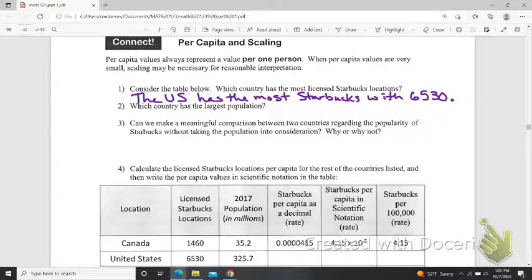And which of the countries listed, Canada, United States, China, United Kingdom, or South Korea, has the largest population? This is from 2017. Okay, so the 2017 population, the largest was China.